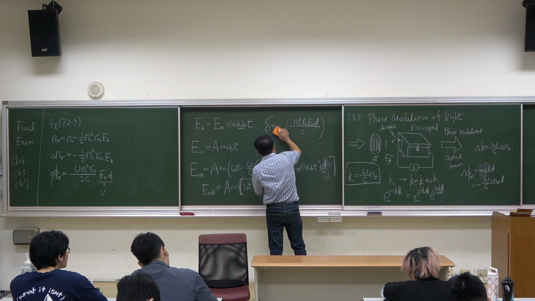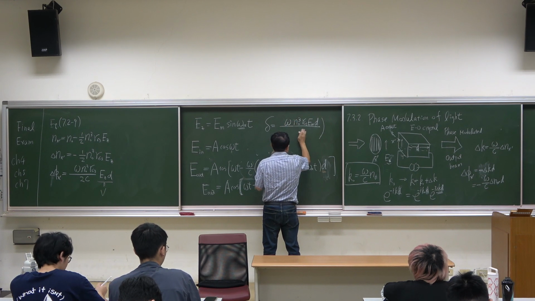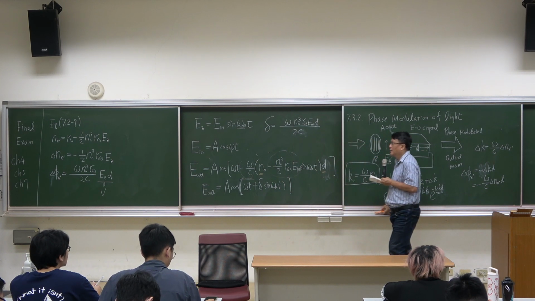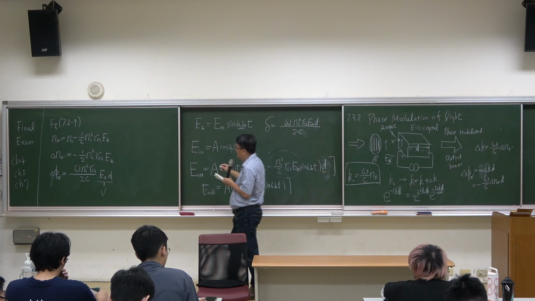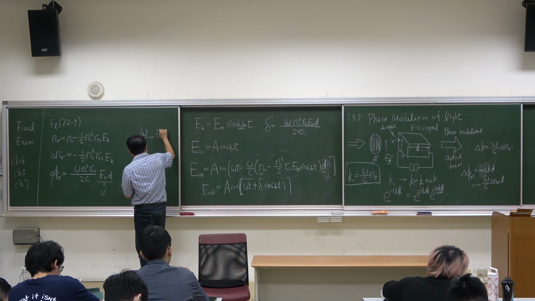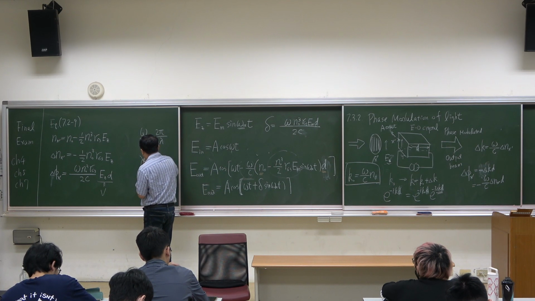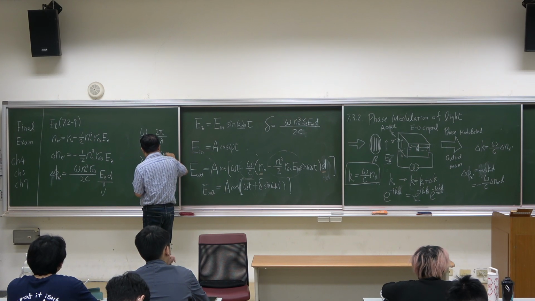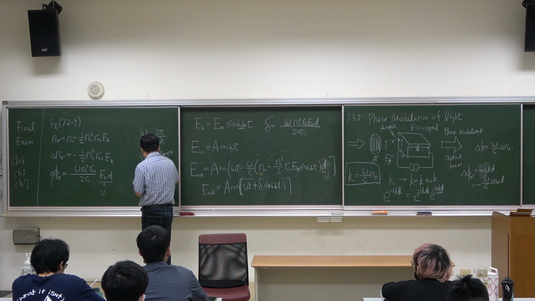So you can write this as this. However, you know that omega over C is equal to 2 pi over lambda. Here lambda is the wavelength of light in vacuum.